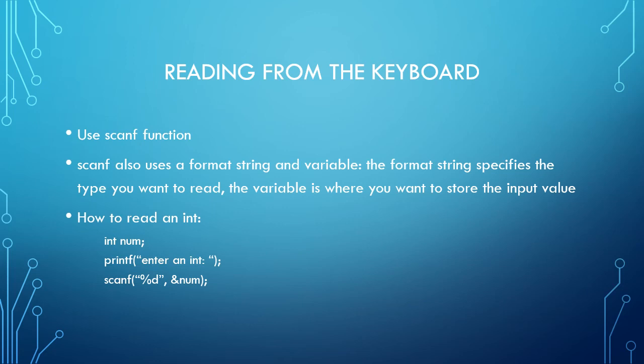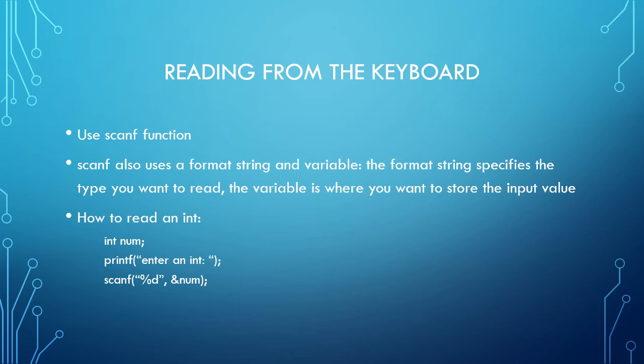You can put other things into the format string, but I don't recommend it because then it requires that your input match up with the rest of the format string. So the best thing to do is just to read one variable in one scanf and don't put anything else in there.